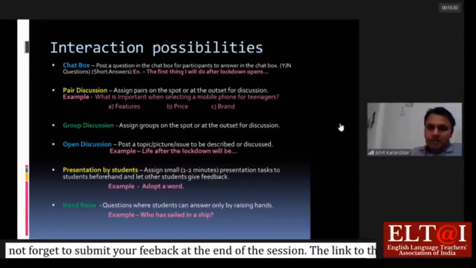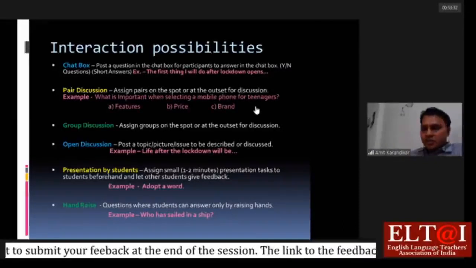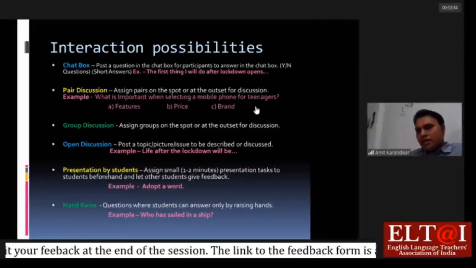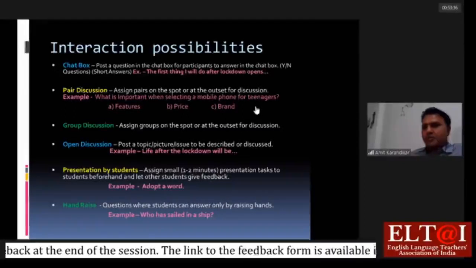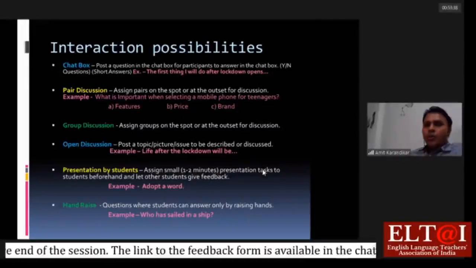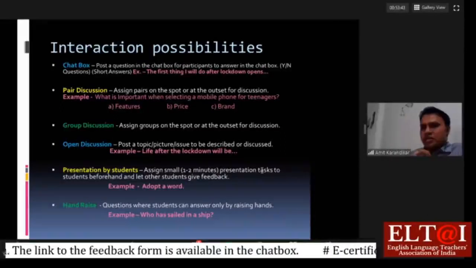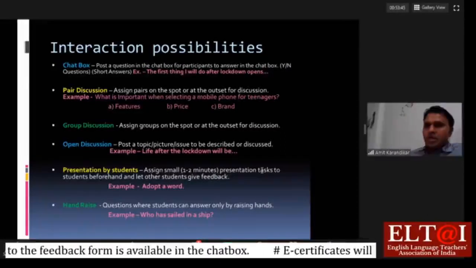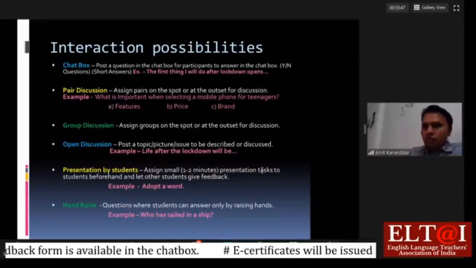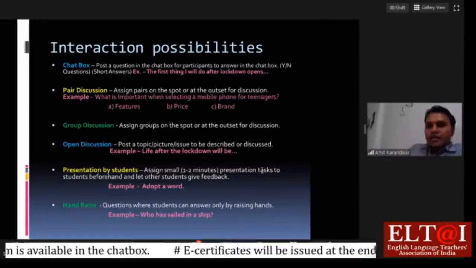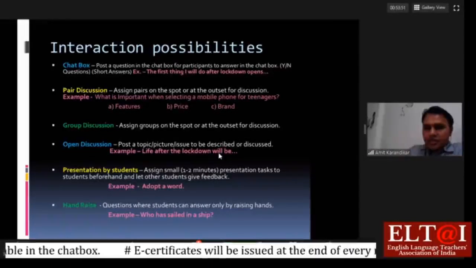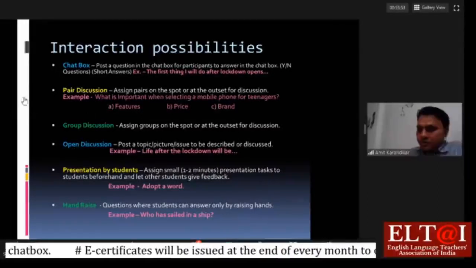The second last that I have for you is presentation by students. This is my practice. I have done this presentation by students many a times, where I assign some presentation topic. Generally, the presentation is not more than 1 or 2 minutes, because I want the other participants also to participate and interact. Once that is done, as a teacher, I do give feedback.